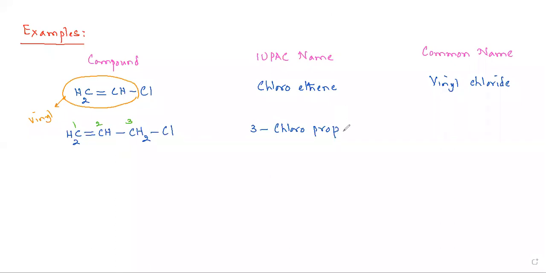So either you write it as prop-1-ene or simply propene, it doesn't make any difference. And of course, the common name for this arrangement is allyl. So let us say that this is allyl chloride.